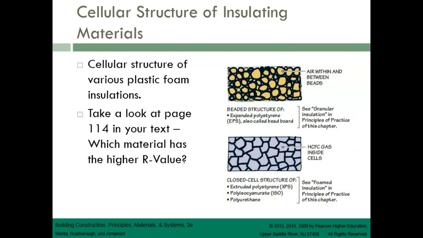So the HCFC gas is going to have a higher R value than, let's say, air. Based on page 114, table 5.2, the HCFC gas has a P value of 15, whereas air has 5.6. So obviously the HCFC gas is going to be a better insulator.